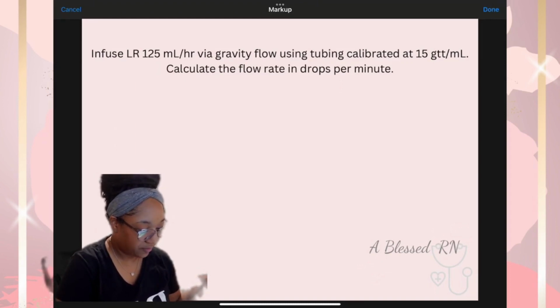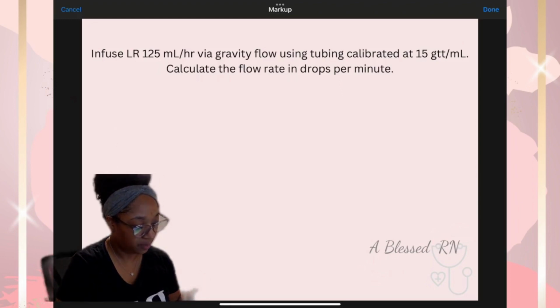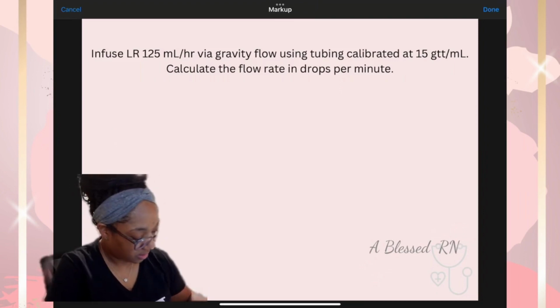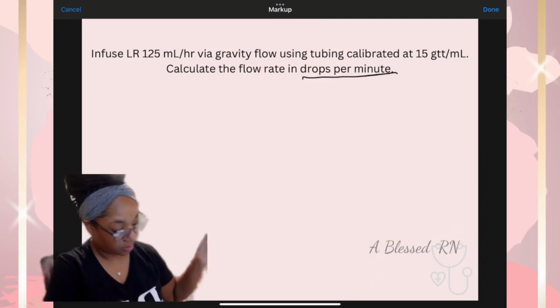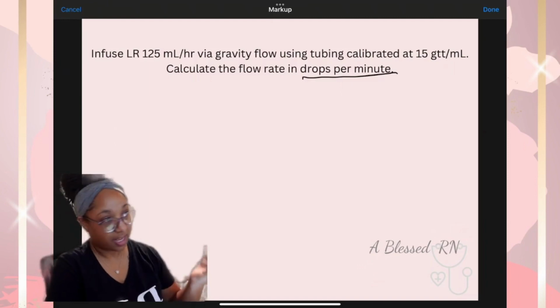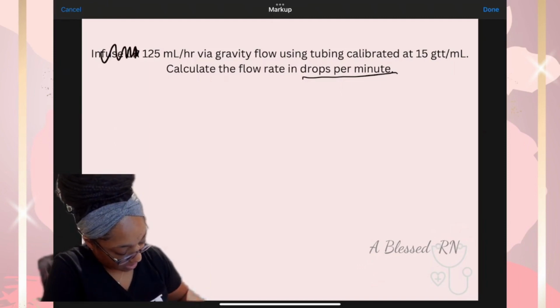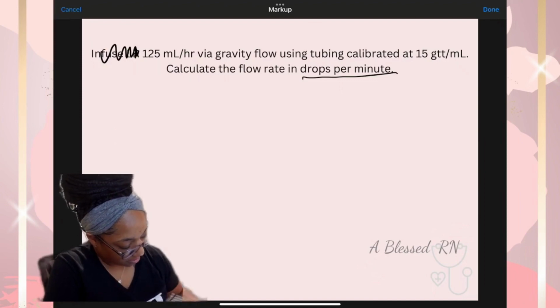Infuse lactated ringers 125 mL per hour via gravity using calibrated tubing, which is your drop factor, at 15 drops per mL. Calculate the flow rate in drops per minute. All right, so that's what we're looking for, drops per minute. It's the same thing that we just did. Lactated ringers don't even matter right now. We know that we got 125 mLs per hour.